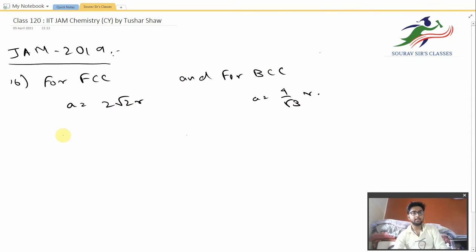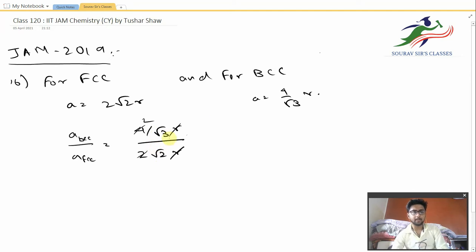So the ratio of a of BCC divided by a of FCC is equal to 4 divided by root 3 R, divided by 2 root 2 R. R cancels out, and 2 is cancelled out.